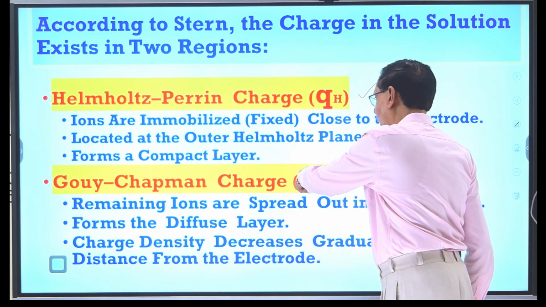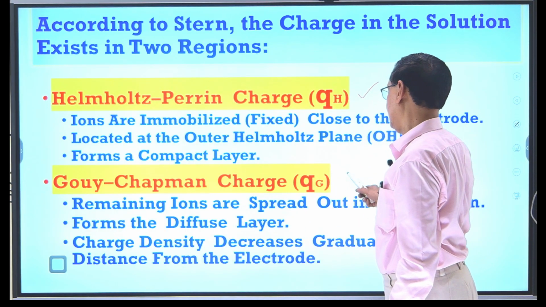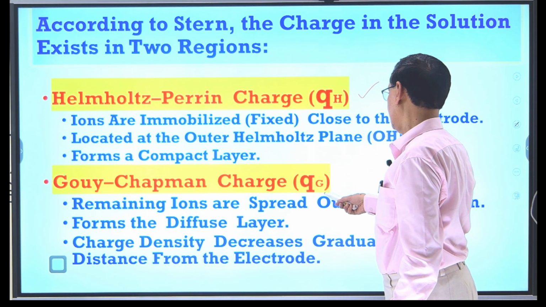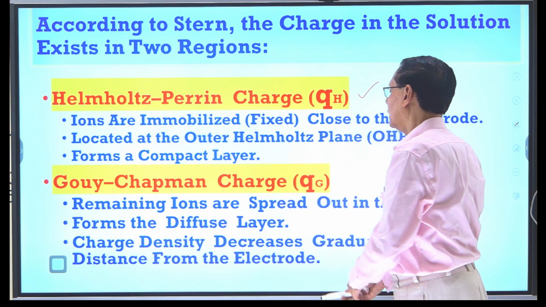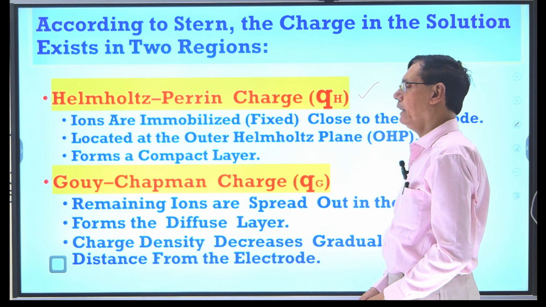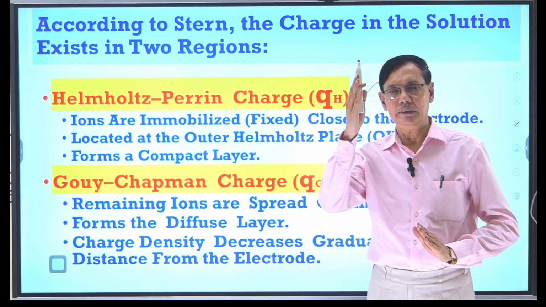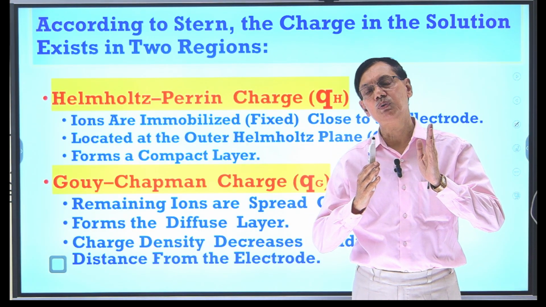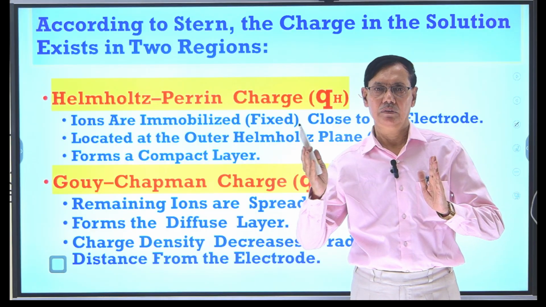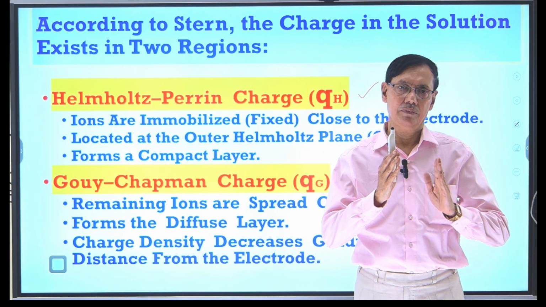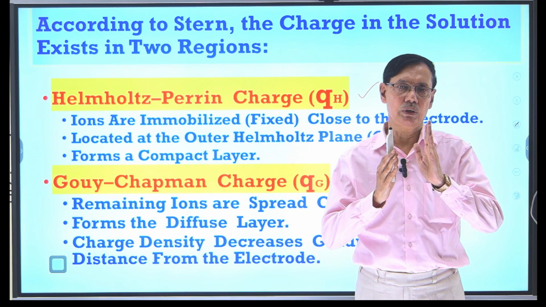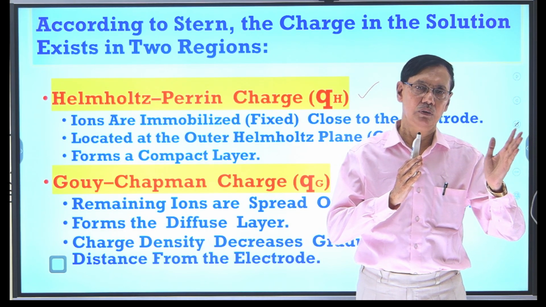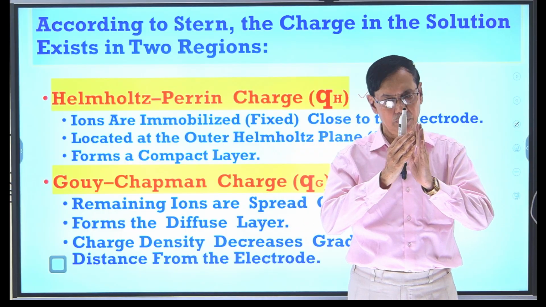Now, in the Gouy-Chapman model, the charges are spread out in the solution from the diffuse layer. So you know that one is metal, compact layer, then diffuse layer, then electrolyte solution. This is the system because we prepare a series.